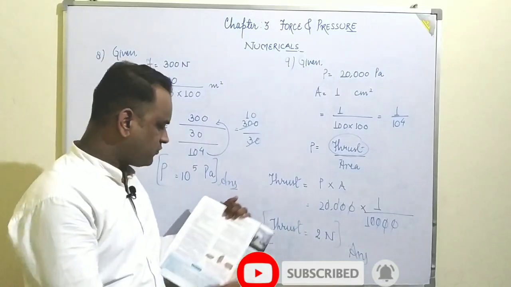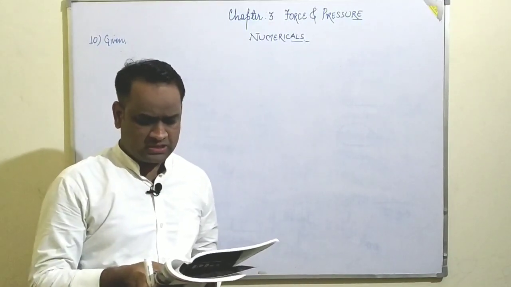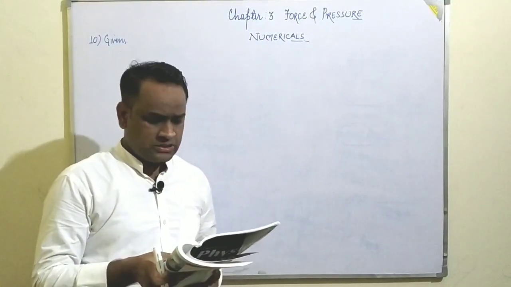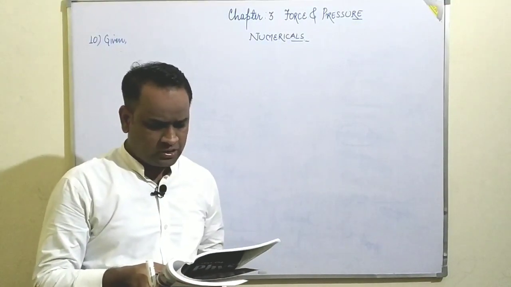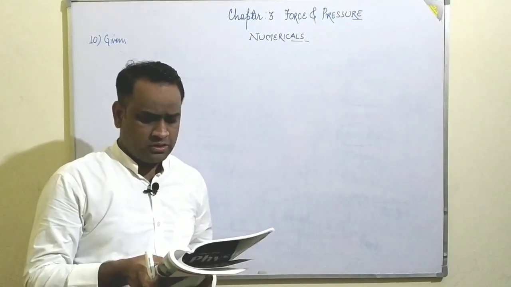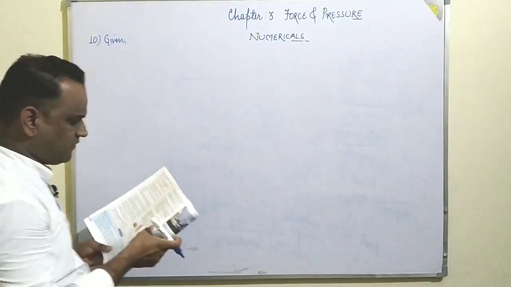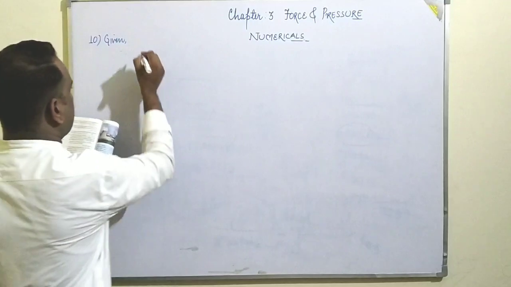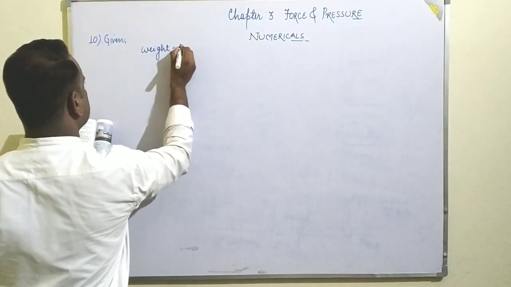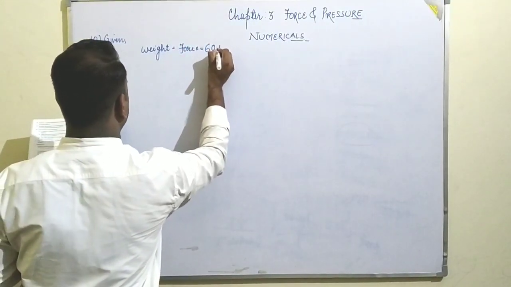Now move toward question number 10. It says that the base of a container measures 15 centimeter and 20 centimeter. It is placed on a tabletop. If the weight of the container is 60 Newton, what is the pressure exerted by the container on the tabletop? Again we are listing what is given. The weight is equal to force, given in SI unit as 60 Newton.